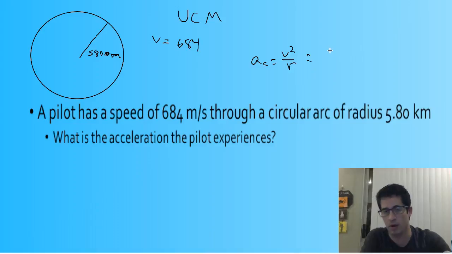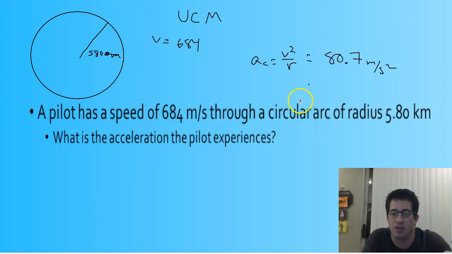You should have gotten about 80.7 meters per second squared of acceleration. Okay, this is quite a bit of acceleration. Sometimes, especially with pilots, they measure acceleration in terms of how many times the acceleration from gravity. So if you divide that by 9.8, you can find that out.